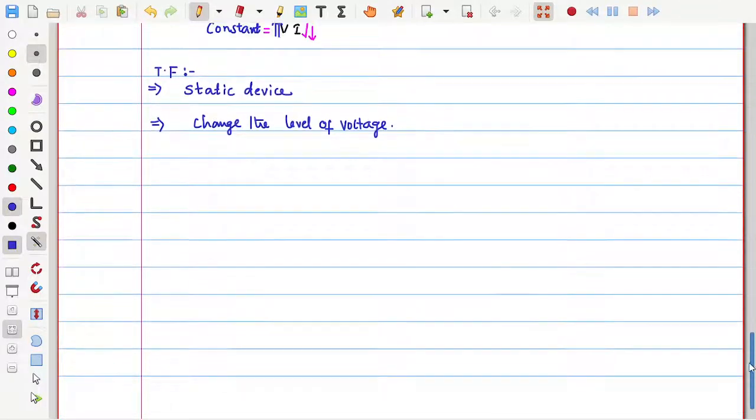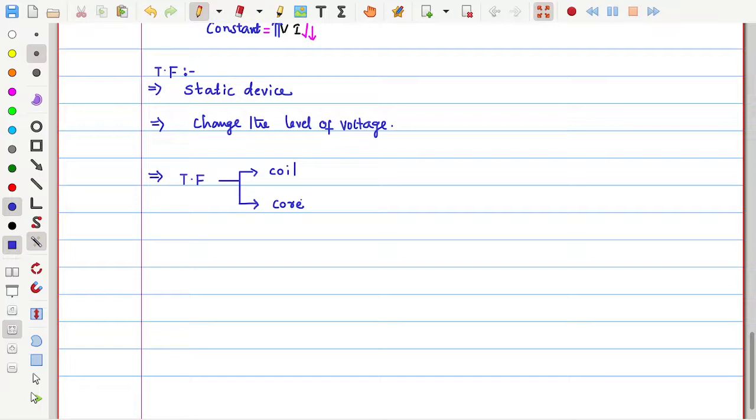So whatever we saw in the last video is that the transformer majorly contains two things. One is the coil and another is the core.